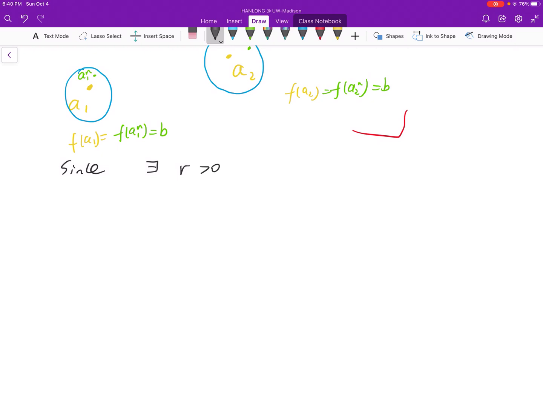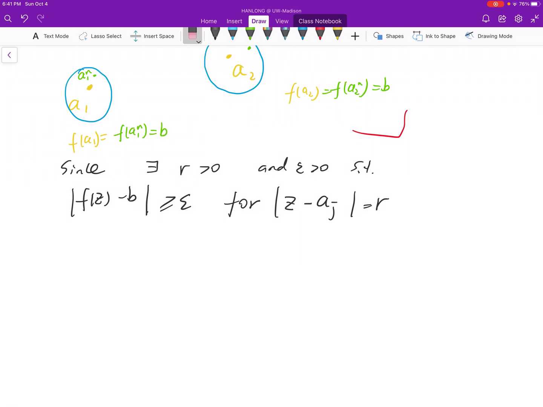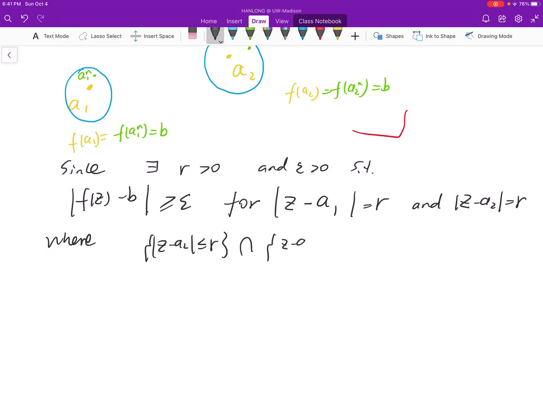There exist r larger than 0 and epsilon larger than 0, such that the absolute value of f(z) minus b is greater than or equal to epsilon for |z minus a1| equals r and |z minus a2| equals r, where the disk |z minus a2| less than r intersected with |z minus a1| less than or equal to r is empty.